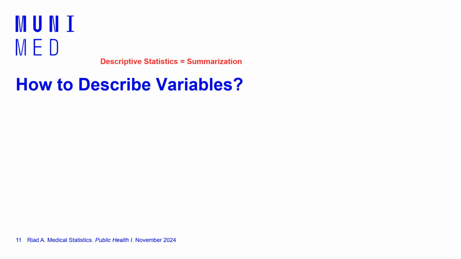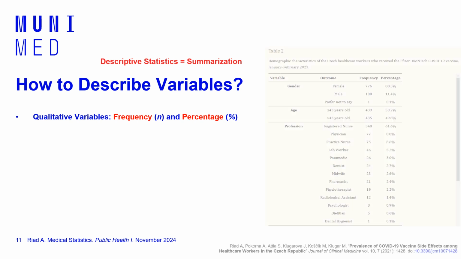Okay, now let's move to the second part of this seminar, which is about descriptive statistics. In a nutshell, we have this question: how can we describe variables, how do we summarize them? If we have qualitative variables, then we're gonna rely on frequency and percentage. If you look here in this table, we have gender, which is definitely a qualitative variable, a categorical variable to be specific.